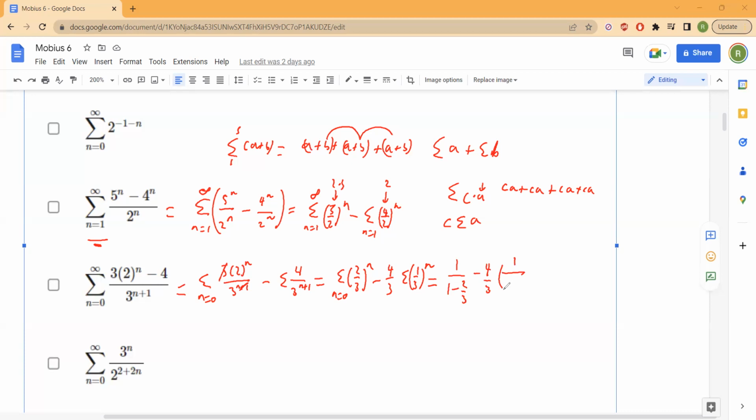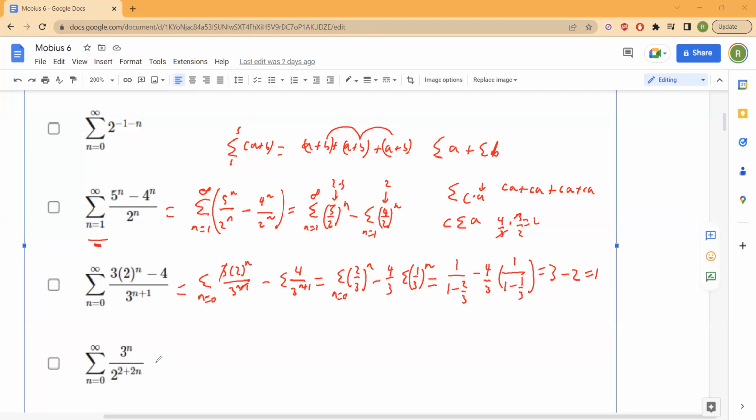So it's going to be 1 over 1 minus 1/3, because 1/3 is our ratio. So then over here we're going to get 3 minus 4/3 times 3/2. Then we can simplify the 3's, and that's how we get 2. So 3 minus 2, and that's equal to 1. So this one also doesn't work because we have to have a sum larger than 1.